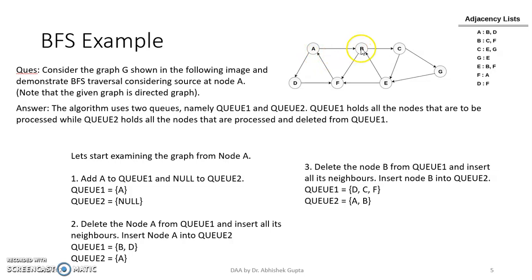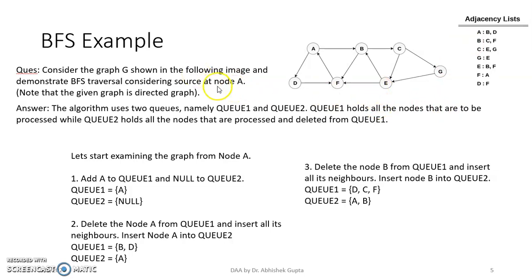So that's why B and D are adjacent to A, right? Similarly, the adjacent of B will be C and F, because C and F can be reachable from B, right? And so on. Here you can see the adjacency list. It is made with this concept, right?